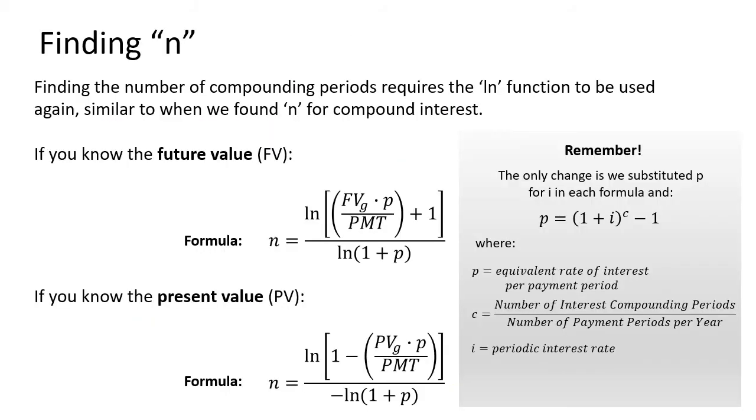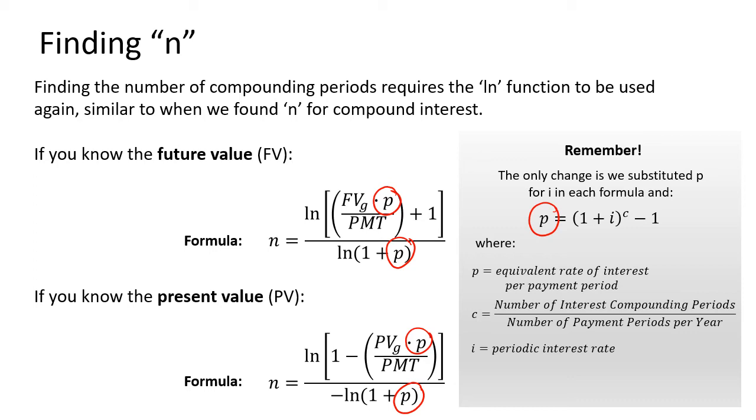So now let's look at finding N, the total number of payment periods. These formulas look familiar. They're the same formulas from the second unit, except that everywhere we had the periodic interest rate, we've changed it for this equivalent rate of interest, P. I've kept this little sidebar on the right so you can remember it.